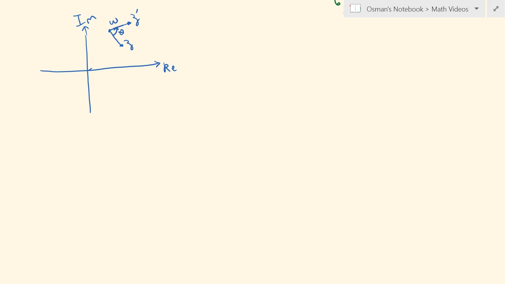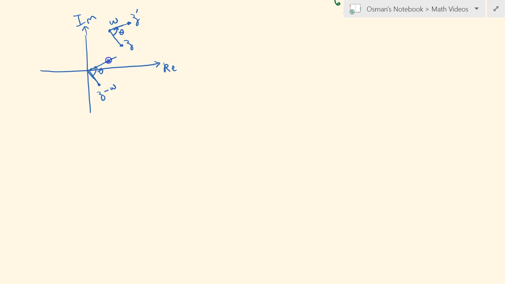The way it works is the following. I will translate this vector, z minus omega, somewhere here. So this is z minus omega. I will rotate it by this angle. Rotating it by this angle is basically multiplying it by CIS theta.